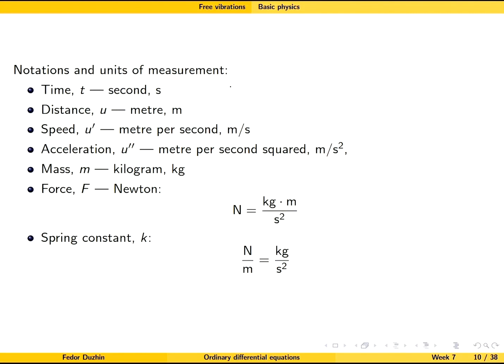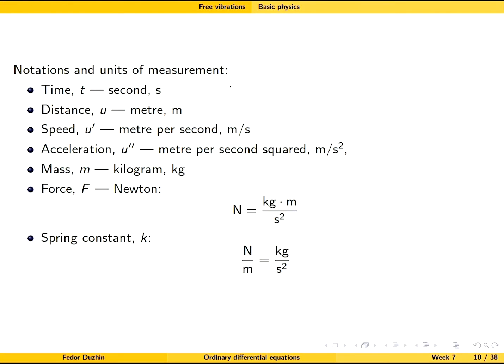If time is measured in minutes and distance is measured in, say, kilometers, then speed is going to be measured in kilometers per minute. But you need to be consistent. If you fix the units for time, distance, and mass, then the units for speed, acceleration, force, spring constant and so on will be derived from these.